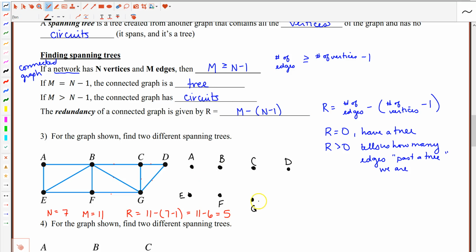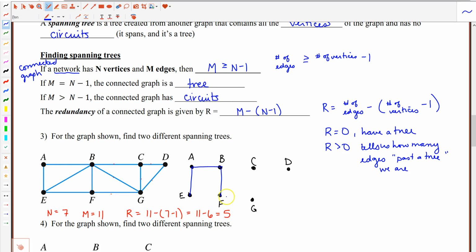I want to connect these so that there are no circuits, but all of these will ultimately be connected to each other. And I'm going to do that with 6 edges. So out of this original structure, I'm going to delete 5 of the edges. So perhaps I connect A to E, E to B, B to F. So I have to do this along the original edges in the graph. I can't create new ones. So here's where I have these guys connected.